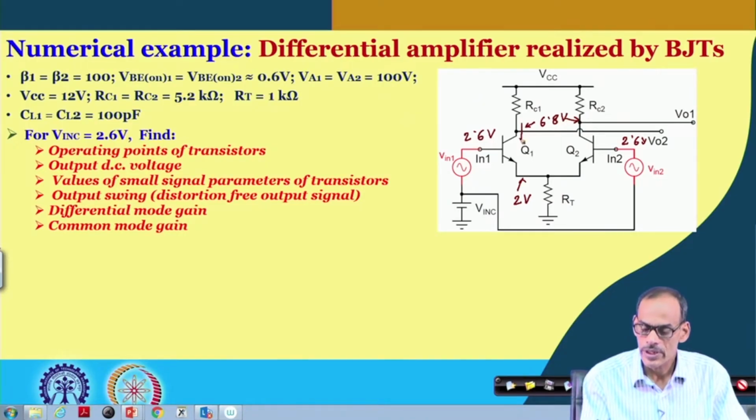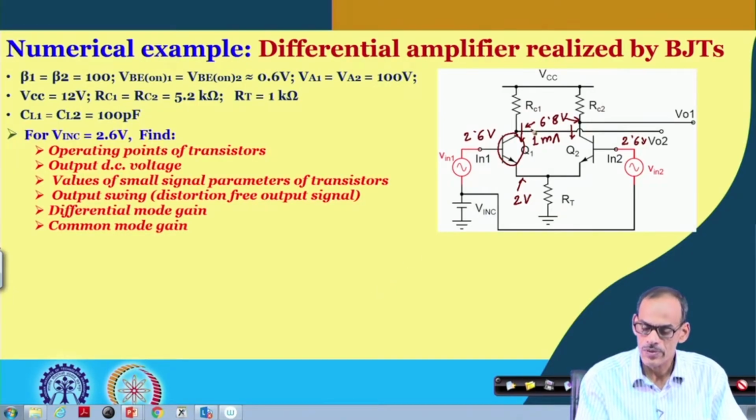The collector current in both the transistors is equal, and it is 1 milliampere, right. So, that gives us the operating point of both the devices.